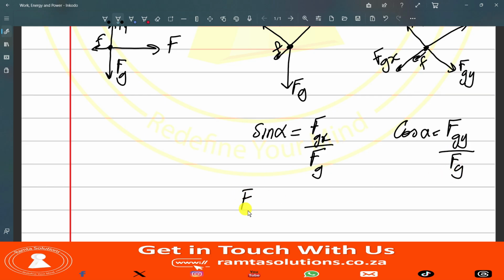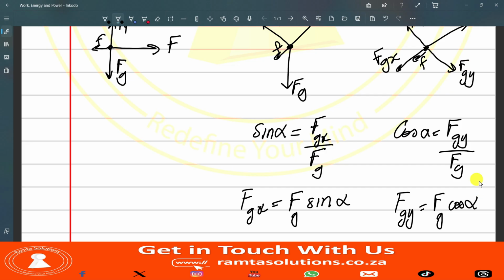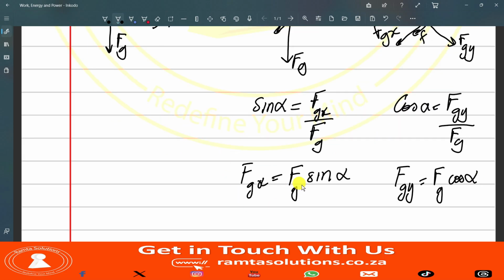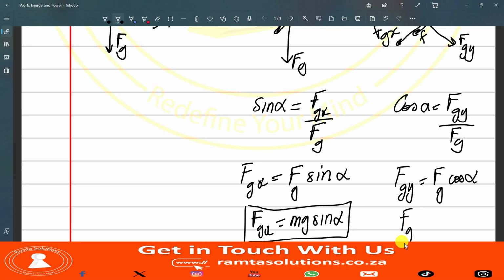So further, we can say F sub gx equals F sub g sine alpha, and F sub gy equals F sub g cos alpha. So what do we know about F sub g? We know that it is mass times gravitational acceleration. If you can know this, you are good to go.